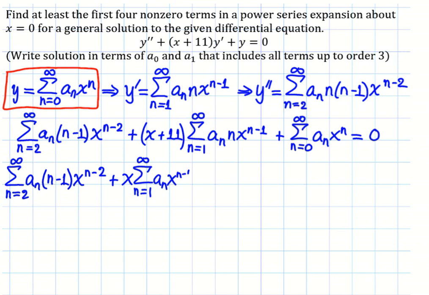Now if we multiply x inside, we increase the power of x by 1, which is x to the first power. And then the 11, I will bring inside the summation. So we have 11 a sub n times n x to the n minus 1. Just multiply by 11. And the last series stay the same.